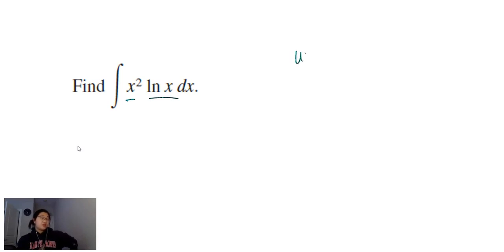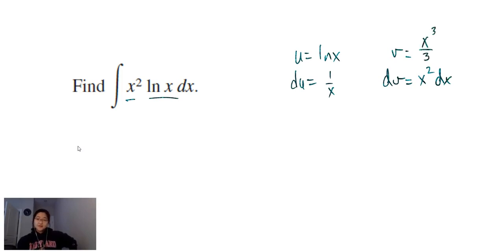So we have u is the natural log of x, so that means the derivative is 1 over x, and then dv is what's left over, this x squared dx, and then v is going to be x cubed over 3. So now, just plug it into our formula, see if that helps.